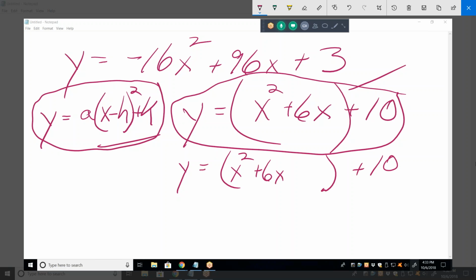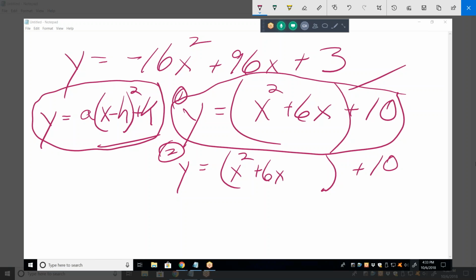Okay? Now, when you're completing the square, what's really, really important is to not change it when you go from one line to another. I have not changed it. There's line 1, there's line 2. Now, to complete the square, you take half of the coefficient of the x term and you square it and you add it.